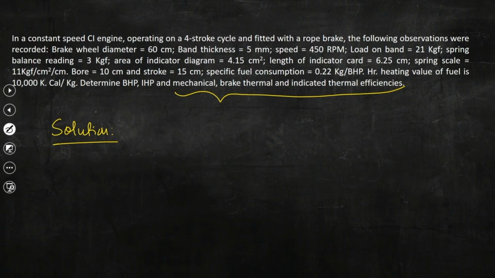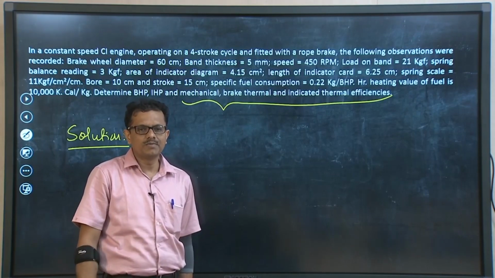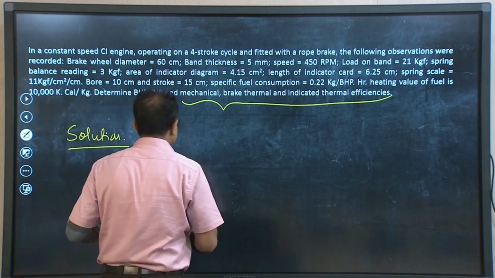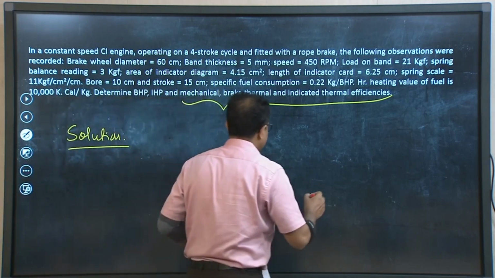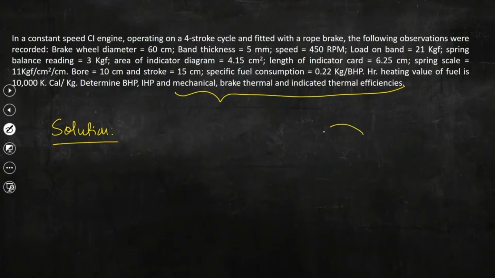So, at the cost of that load, we can calculate several efficiencies. Okay, so here it is, the rope brake. Let me draw one schematic.